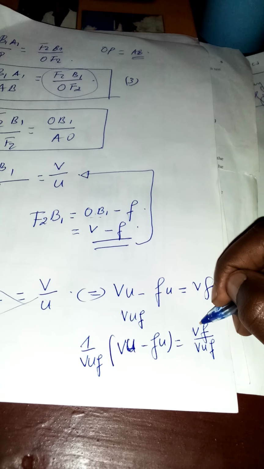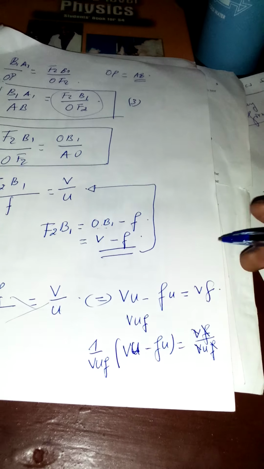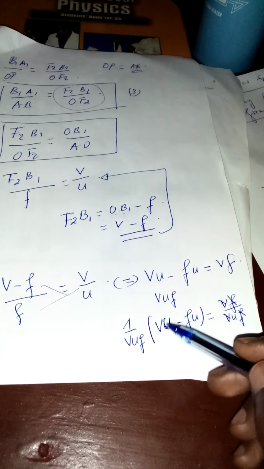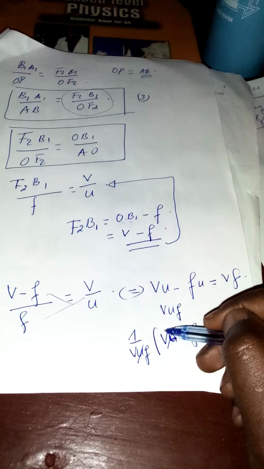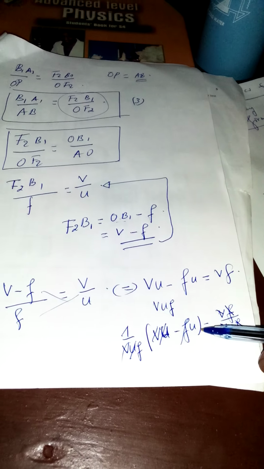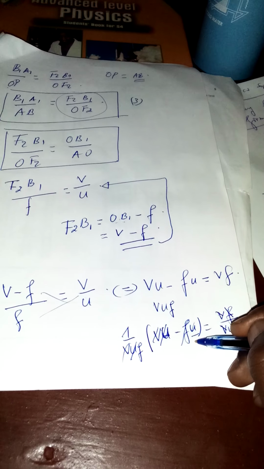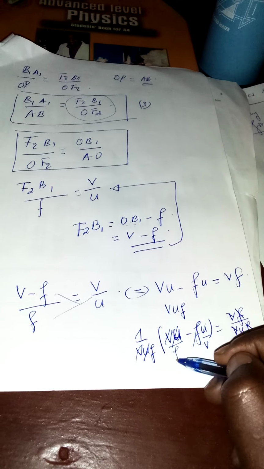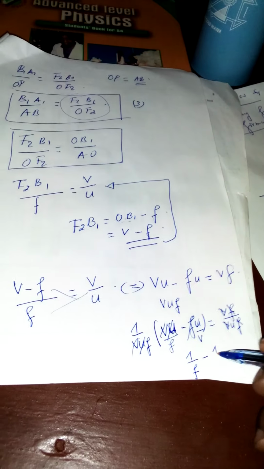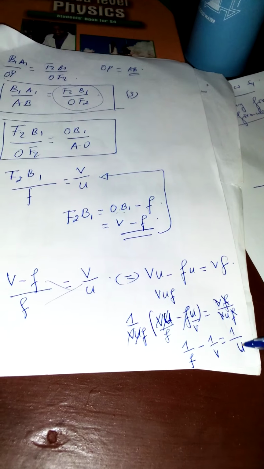So F here can be simplified by F, V also by V. Here we remain with 1 over U, and here U will go and V will go. Again here F will go and we remain with V. So the final equation will be, we remain with 1 over F minus 1 over V is equal to 1 over U. Look where 1 over U.